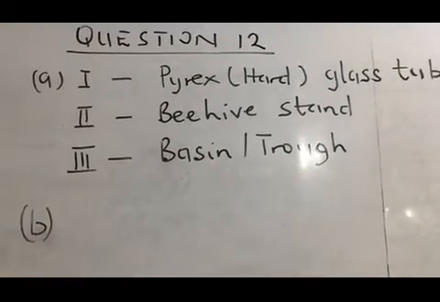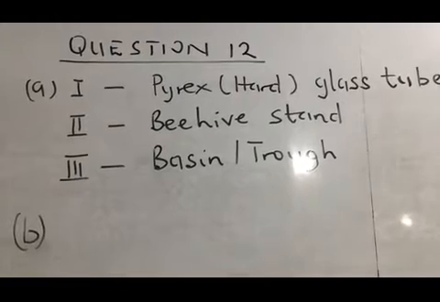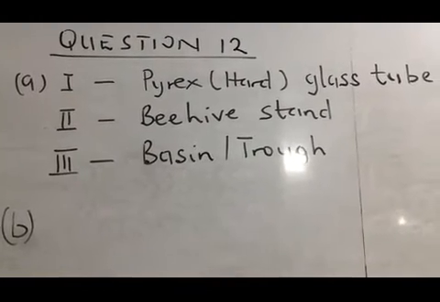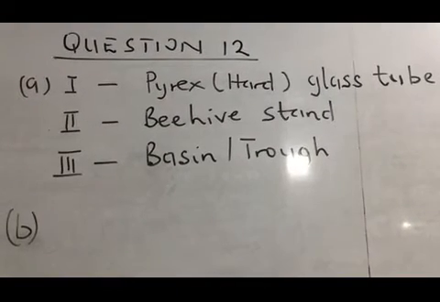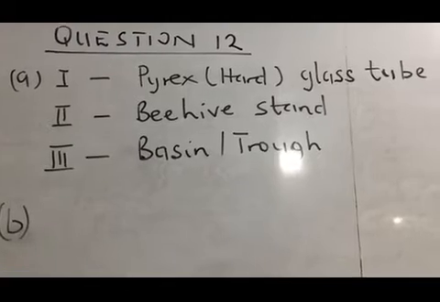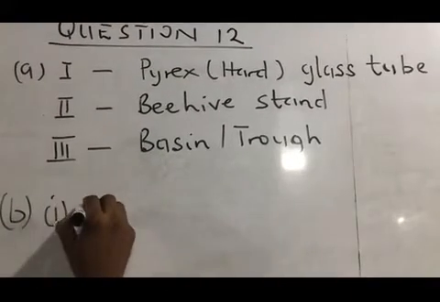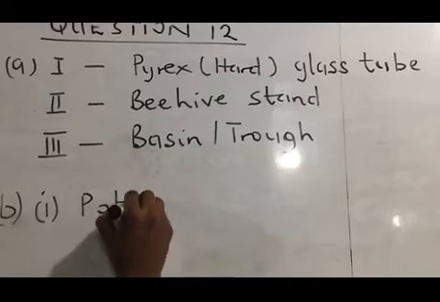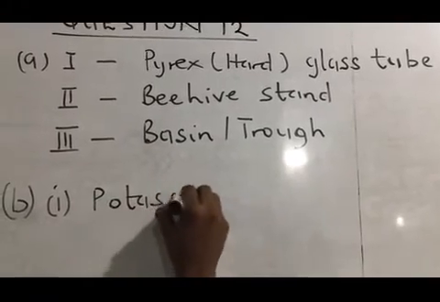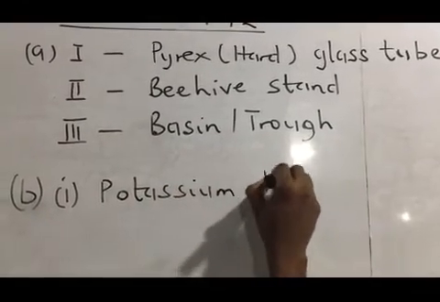Now B. It says, give the function of each of the following in the setup. So you are supposed to give the function of I, potassium hydroxide solution.